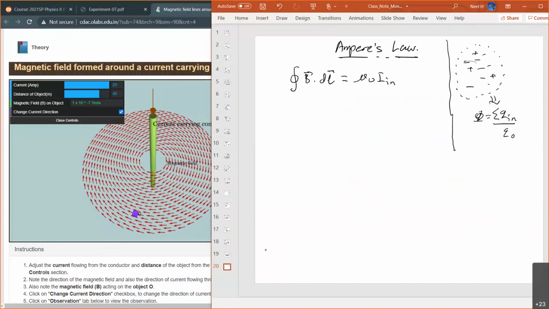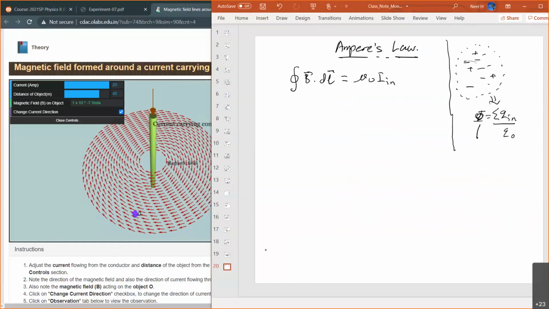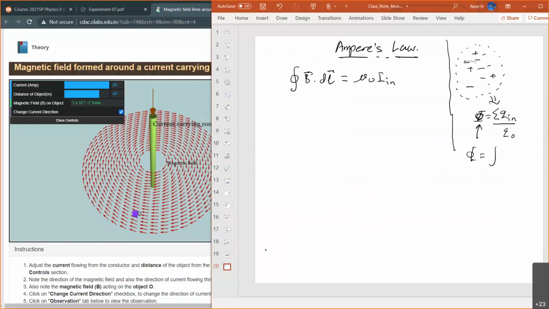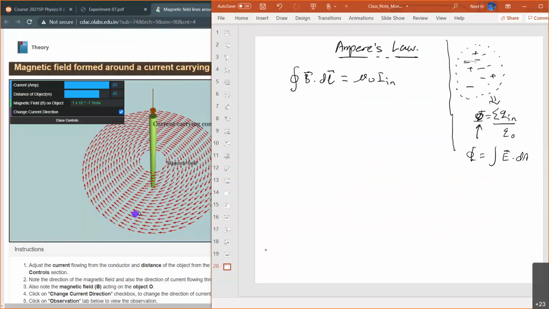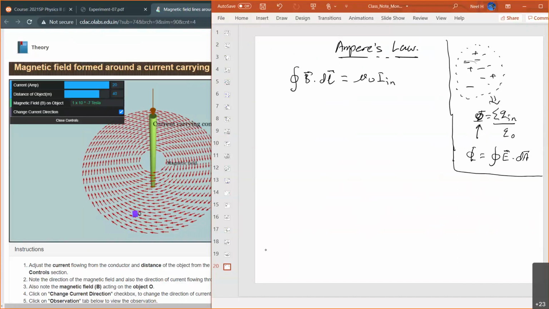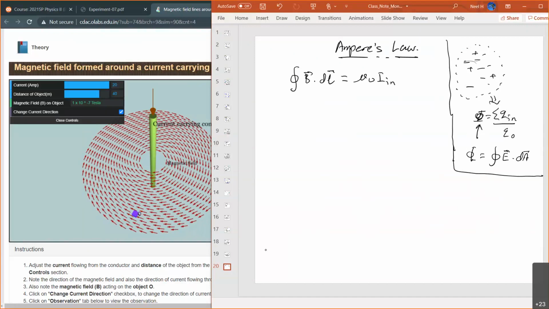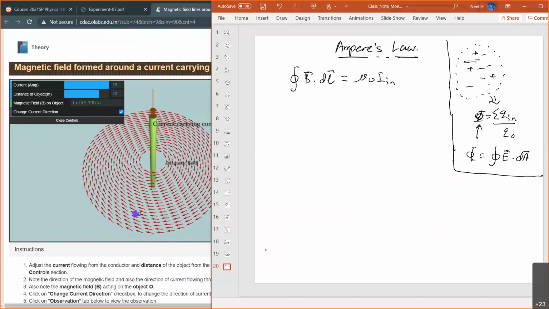This is slightly different, because in the Gauss version for electricity it is the closed integral of E dot dA. But for Ampere's law it is dl, not dA. So it is not flux, it is the total magnetic loop around the current distribution.